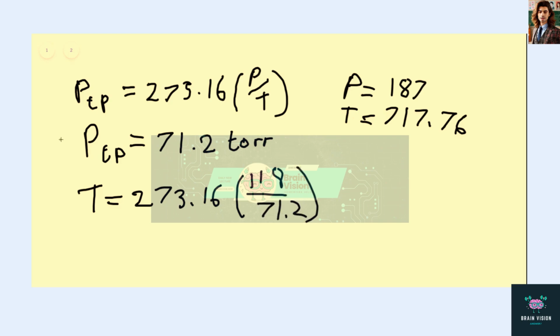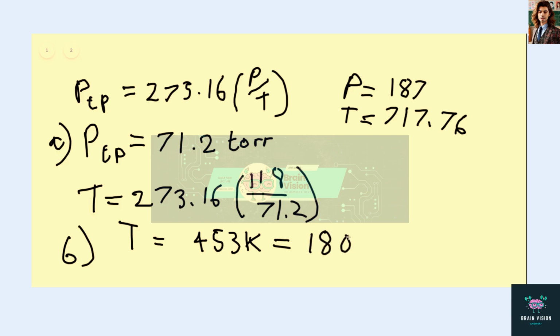Part B gives us a temperature of 453 Kelvin to 3 significant figures, which is equal to 180 degrees Celsius. Done.